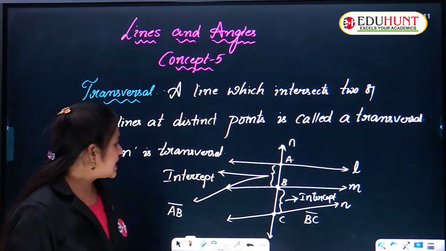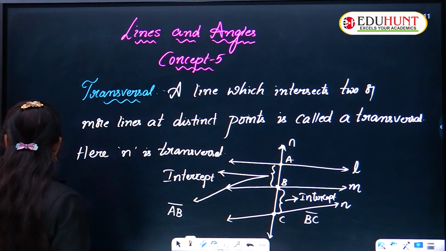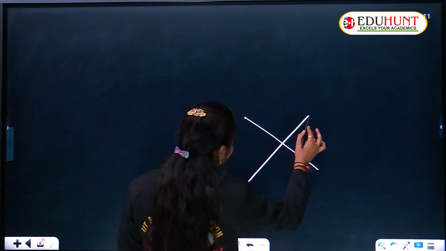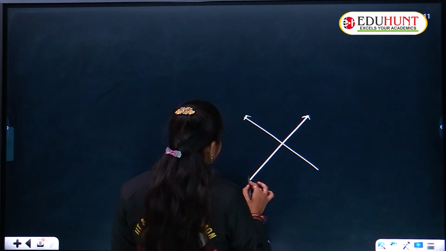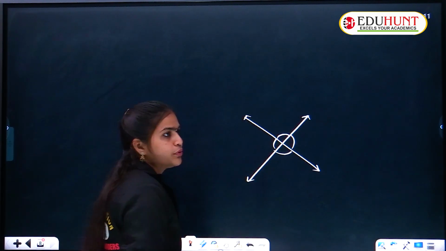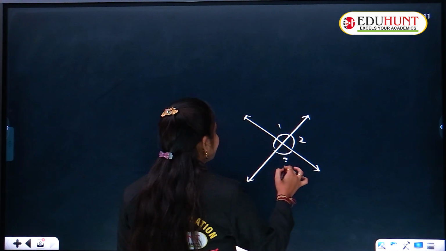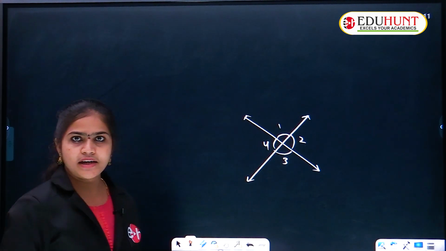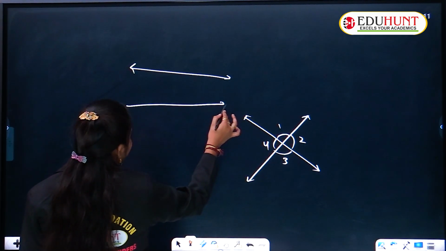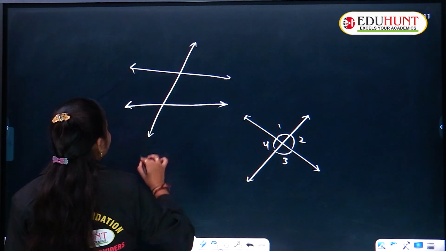Understood? Now this is about the transversal. Now, angles made by a transversal. I told you that if two lines are intersecting lines, then we can observe 4 angles at the intersecting point. Now these two lines are intersecting lines, and a line intersects these two intersecting lines.